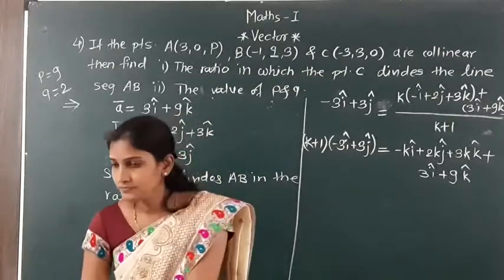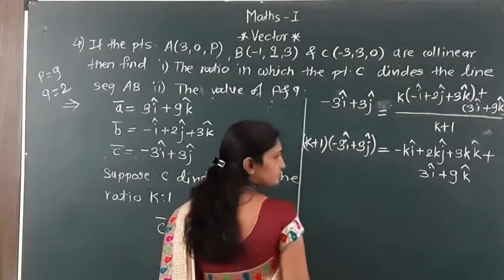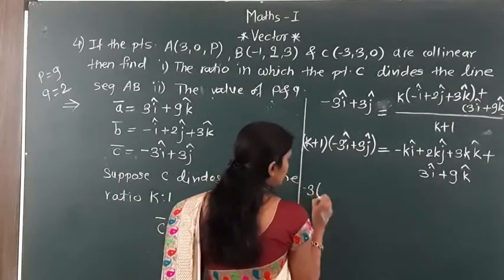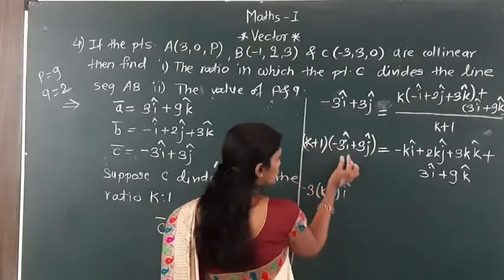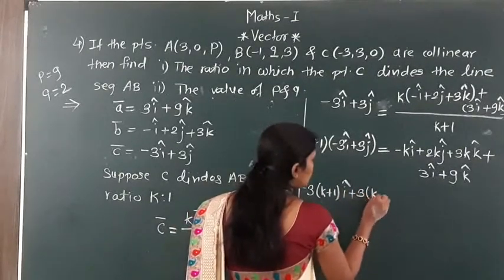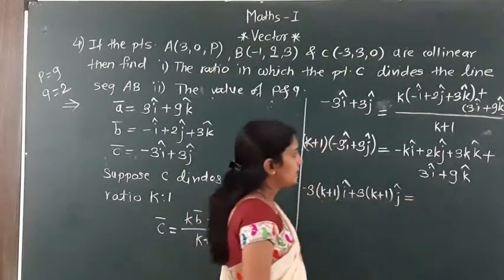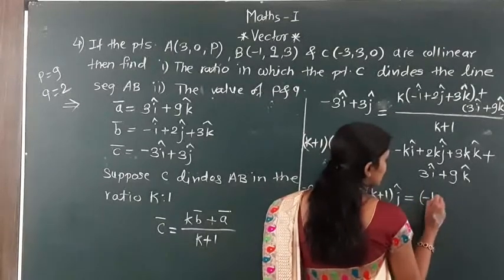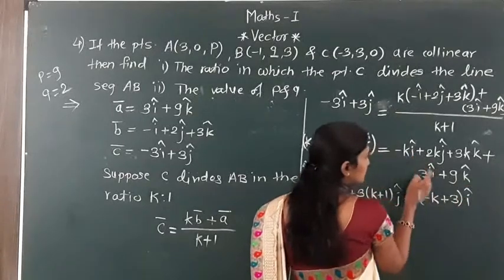Now multiply k plus 1 to this term, that is minus 3 into (k plus 1) i cap, plus 3 into (k plus 1) j cap is equal to, here addition of i cap and i cap, that is minus k here plus 3, and get i cap common from these two terms.